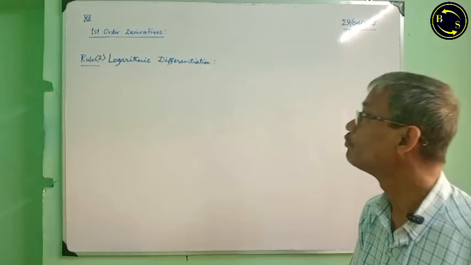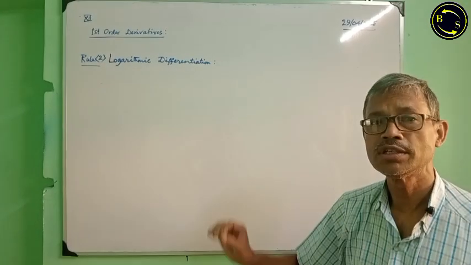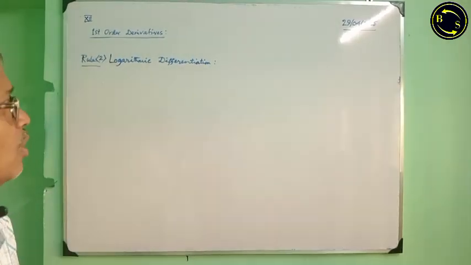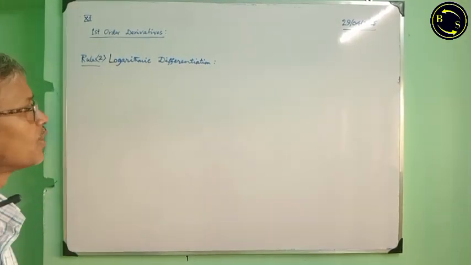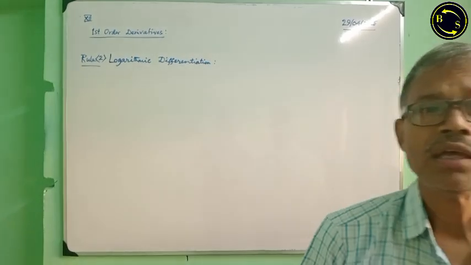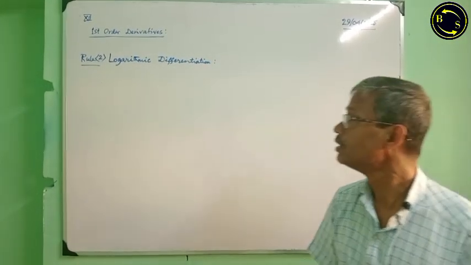Now, the second rule, logarithmic differentiation. From the name, it is clear that we have to use the concept of logarithm. Actually, this is specially applied for a special type of function.